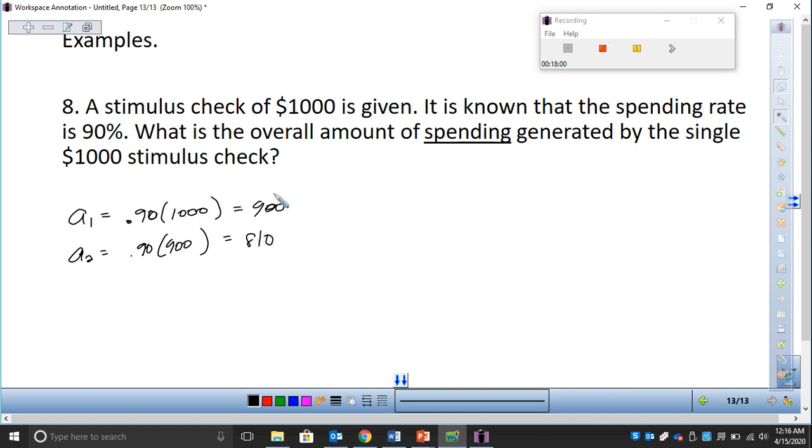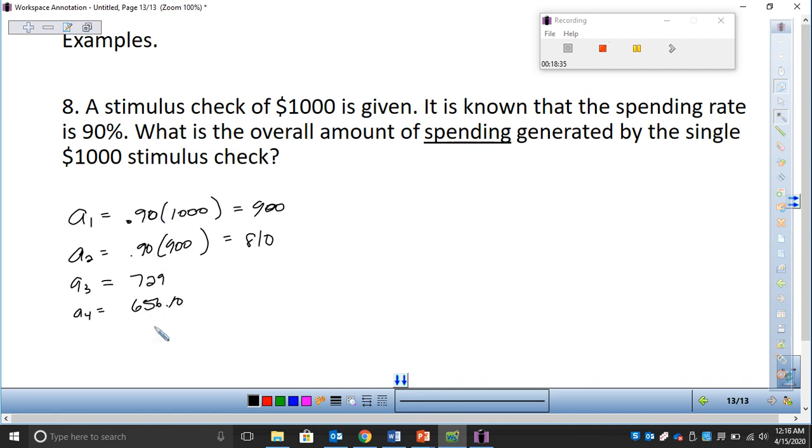So everybody is only spending 90%. They're always keeping 10%. If I wanted my third term here, again, it would be 90% of that $810, which would be $729. A sub 4 would be $656.10, and so on. So everybody's only spending 90% of that amount that they are receiving.